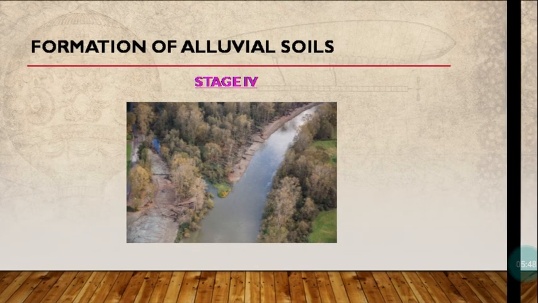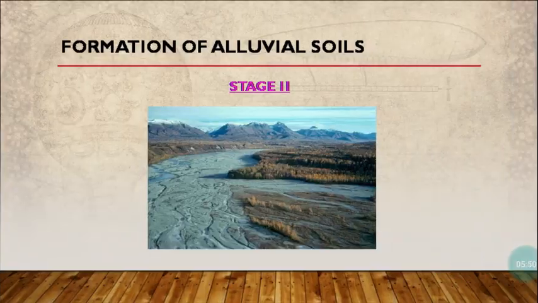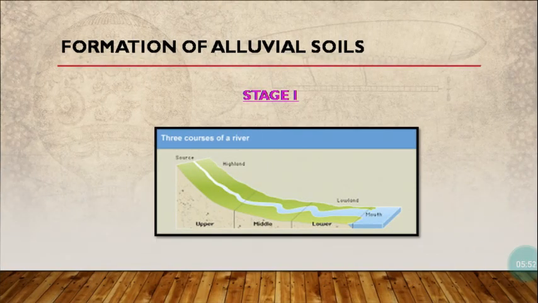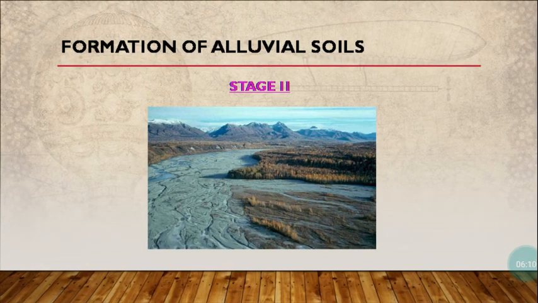Hope you understand. Just one fast recap. In stage 1, what do we observe? In the lower course, the river cannot carry the deposited material like silt, sand, rocks, etc. faster, so the river starts to deposit all this material inside its body.